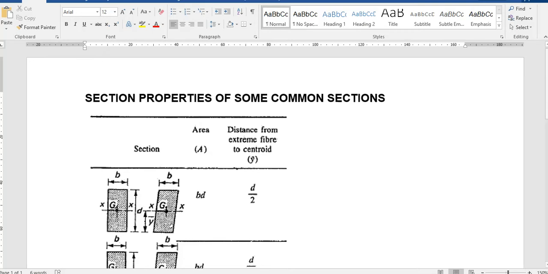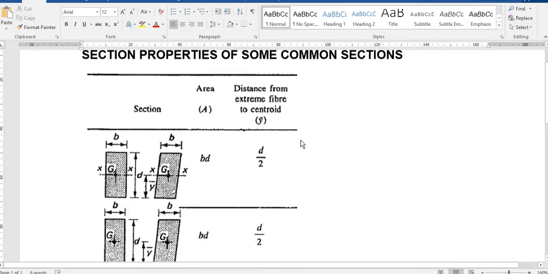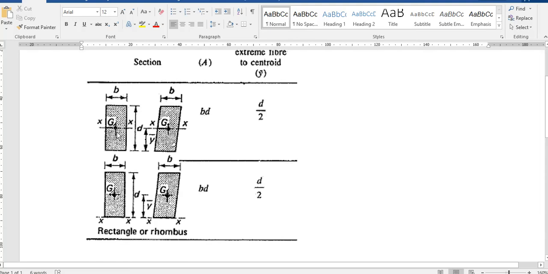I'll post this table on Blackboard as well, and it's called section properties of some common sections. There's a rectangle, that horizontal distance is normally known as B, that distance is D, so the area of course will be BD.